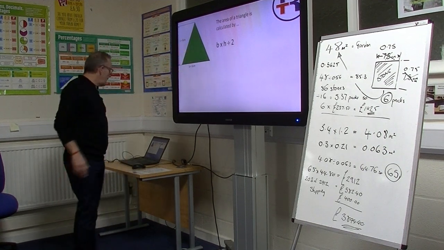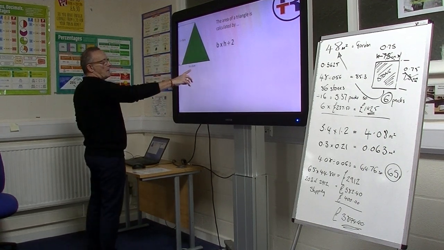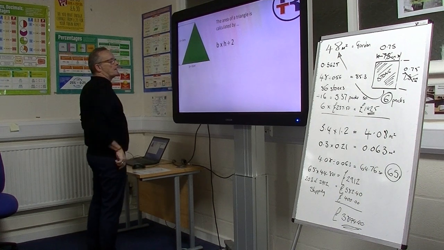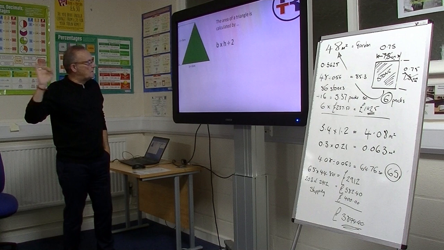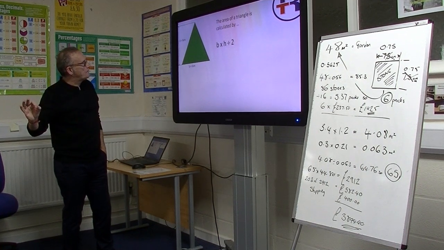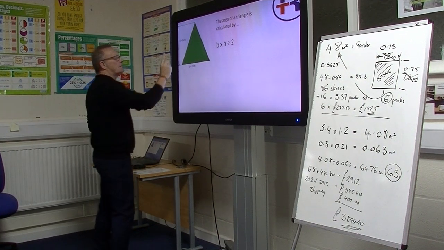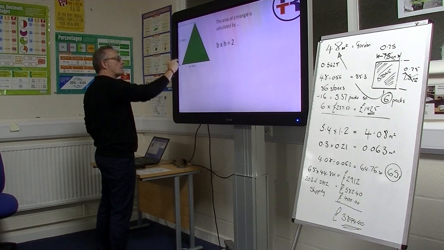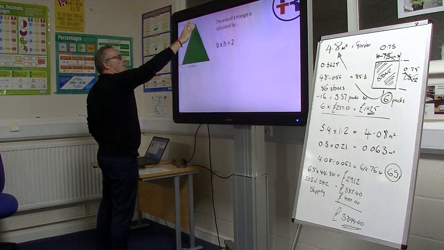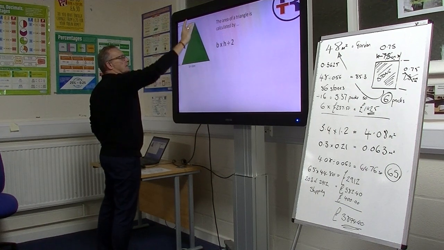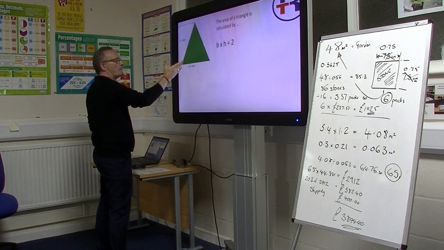So in this instance here, we've got the base, which is 5, times the height, which is 8. Be very, very careful here. The height of a triangle is not the slope. It's the tip to the base, or the base to the tip. It is not the slope.